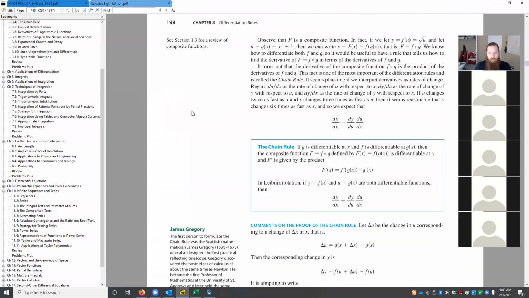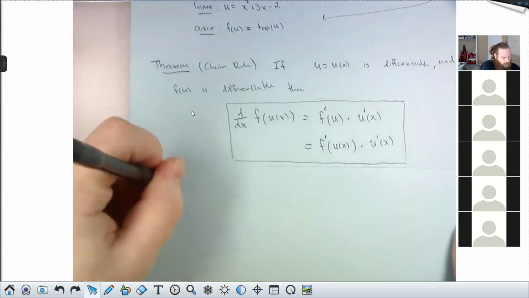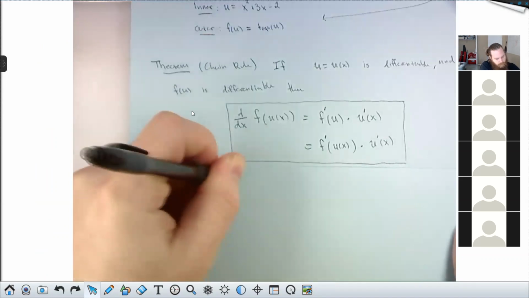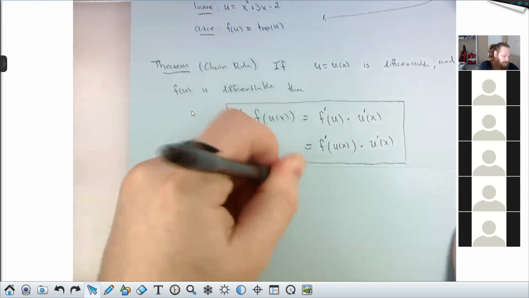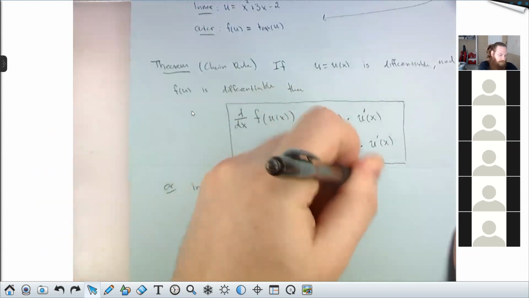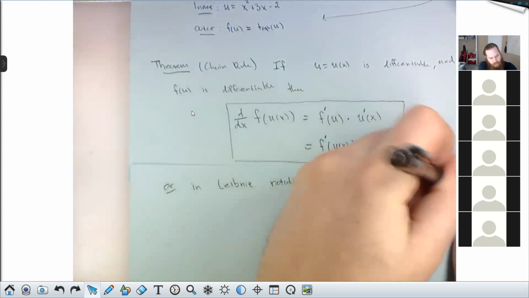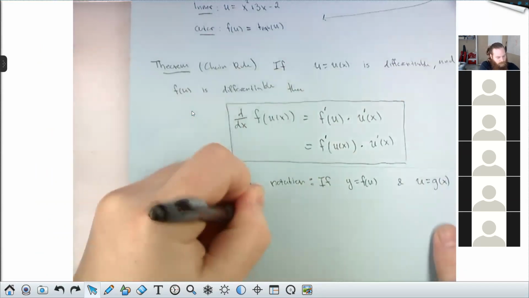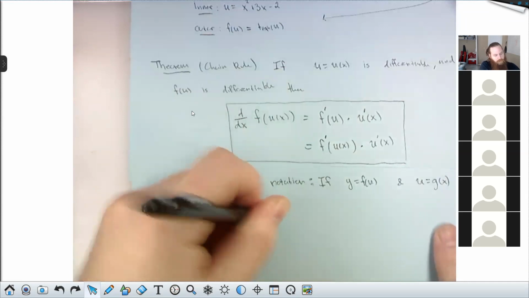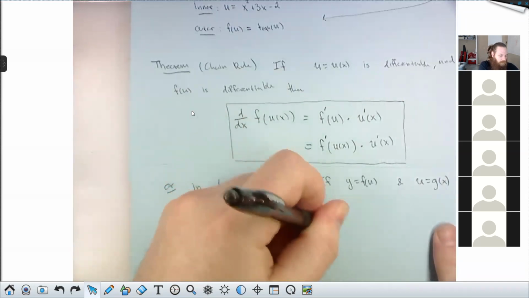So they say here, if y is f of u and u equals g of x, then dy dx is equal to dy du times du dx.